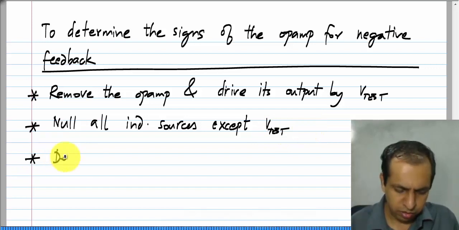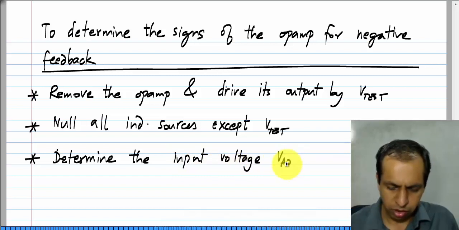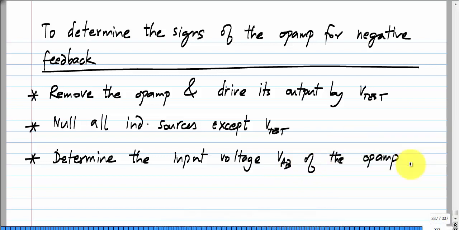Then determine the input voltage VAB of the op amp, and it will be of the form VAB is alpha V test. It will just be proportional to V test.